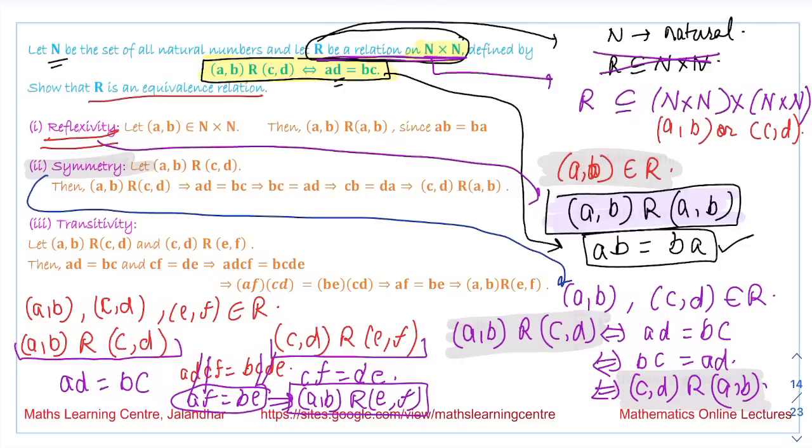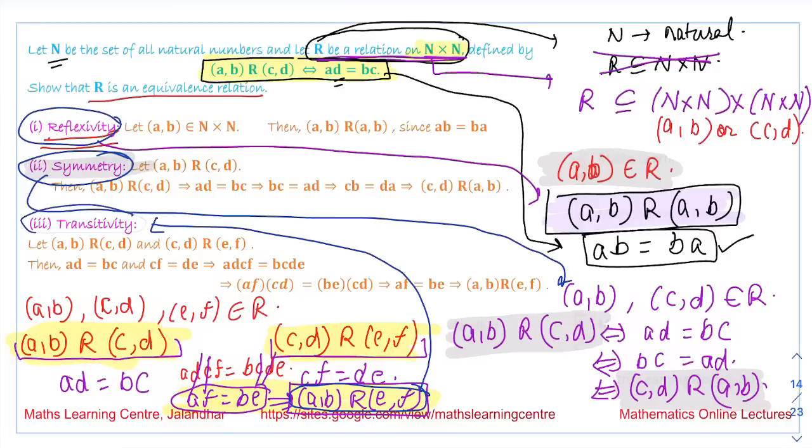We obtain that (A, B) is related to (E, F) if (A, B) is related to (C, D) and (C, D) is related to (E, F). So we are saying that this relation is a transitive relation. If it is reflexive, symmetric and transitive, it means it is an equivalence relation.